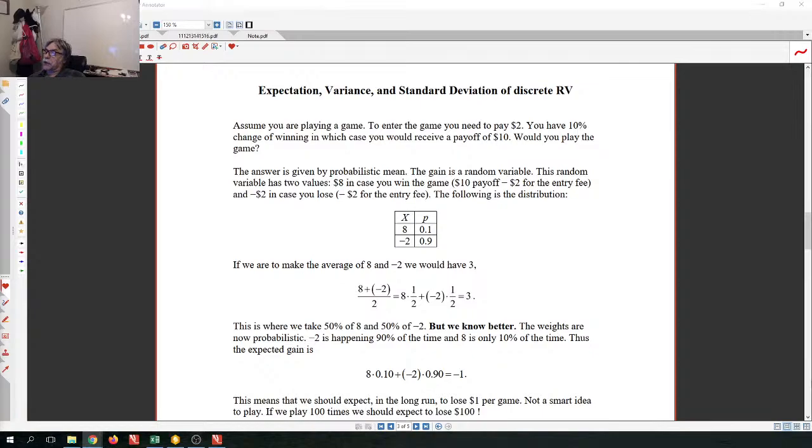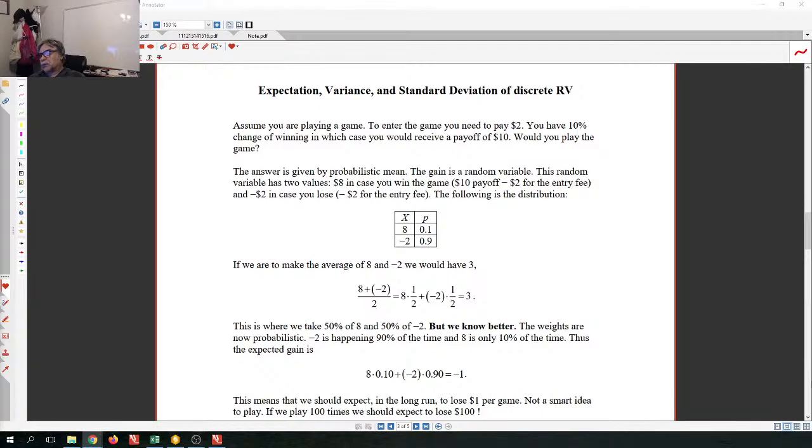So if you are playing a game that you need to pay to play, you need to pay $2, and somebody tells you you have a 10% chance of winning, in which case you will get a payoff of $10, and if you don't win, a 90% chance you're not going to win, you will just simply lose that entry fee that you have.